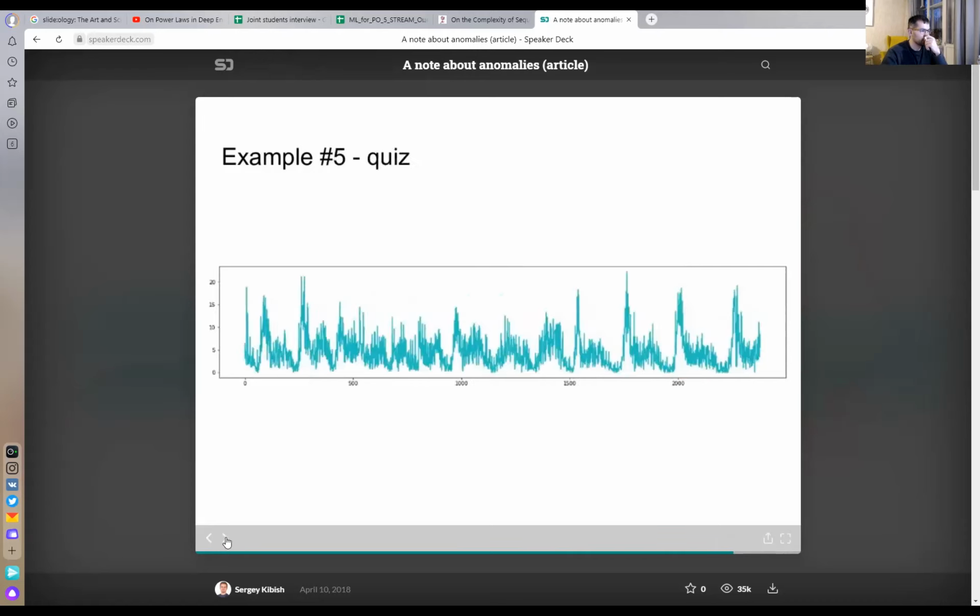You can try to guess at home what else, in terms of context or other things, you can try to do. And right now we have the last example here for anomalies, to prove that it's sometimes a challenging problem.